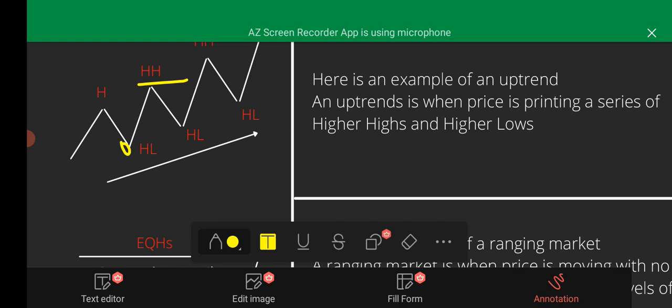The first one is that we have to see the market moving above the previous higher high, like what you see here. We had this first higher high, and we have this second high here.